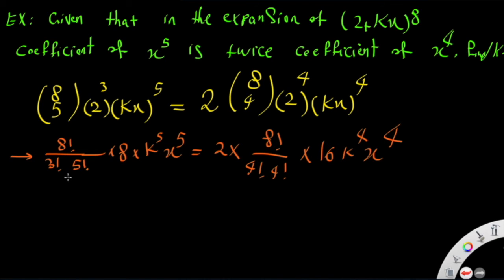Now with 8 factorial and 5 factorial, you can cut out after 5 factorial, so it will be 8 times 7 times 6 over 3 factorial, which is 3 times 2 times 1, which is 6.